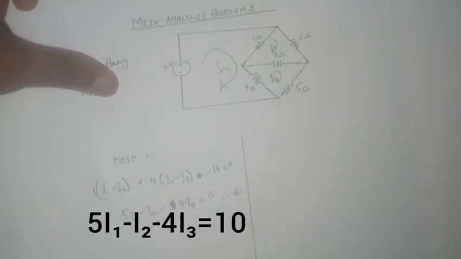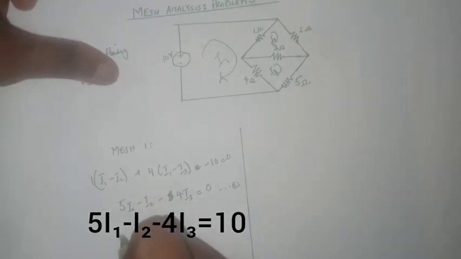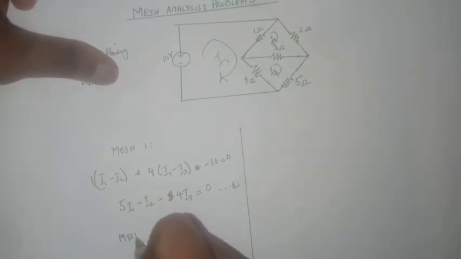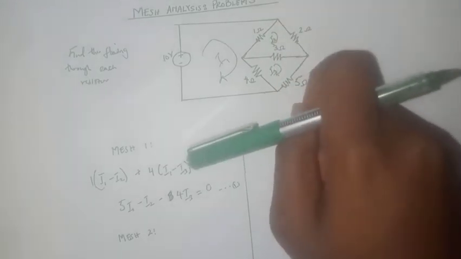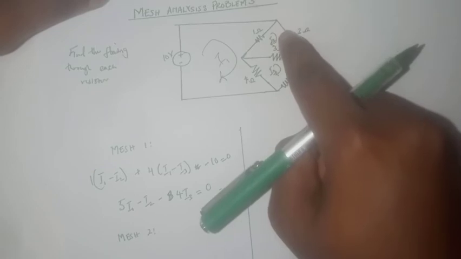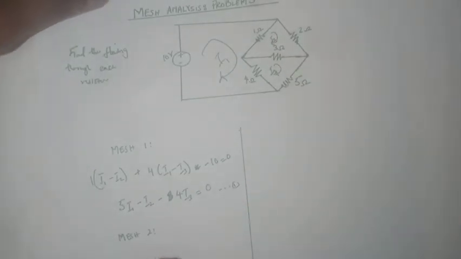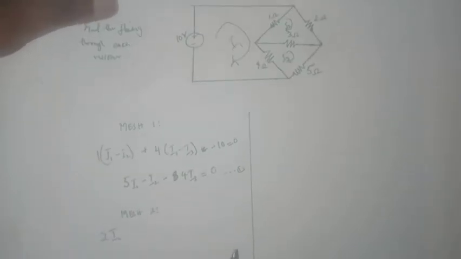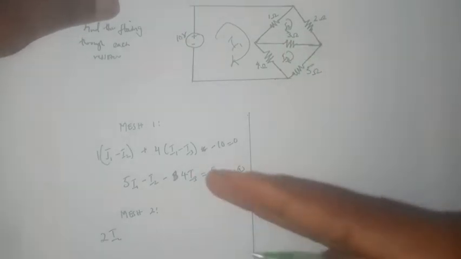Okay, then we can proceed to the second mesh and write a KVL equation there. So that would be mesh 2. Then we start from here, and the current flowing through this 2 ohm resistor would be I2, because it is not associated with any other mesh. So we would have 2I2. Then we come down here and we have the 3 ohm resistor, and it has two currents flowing through it.